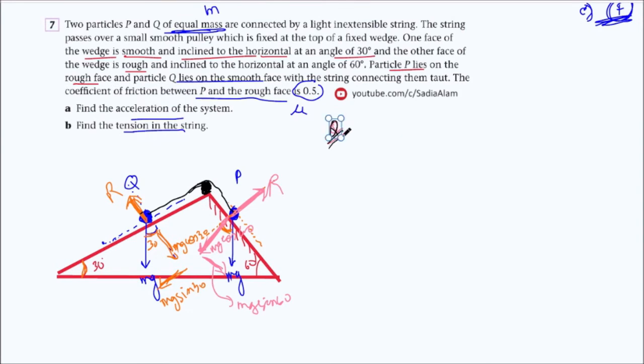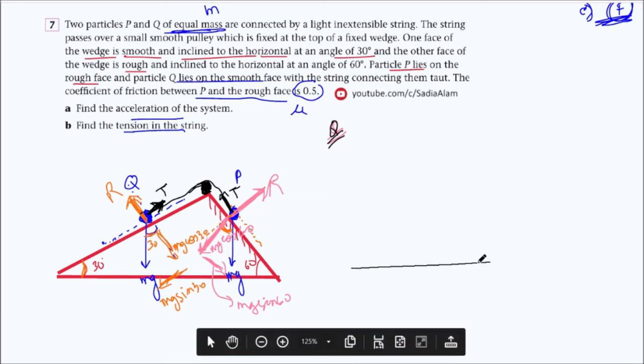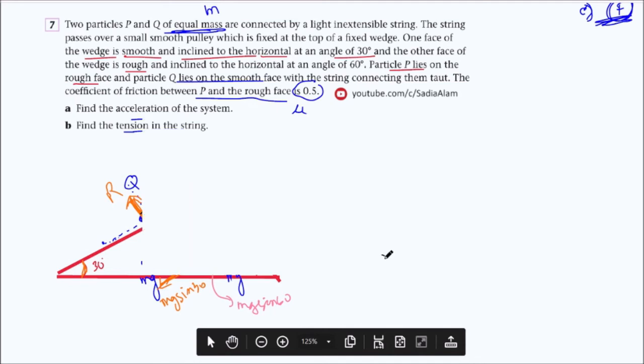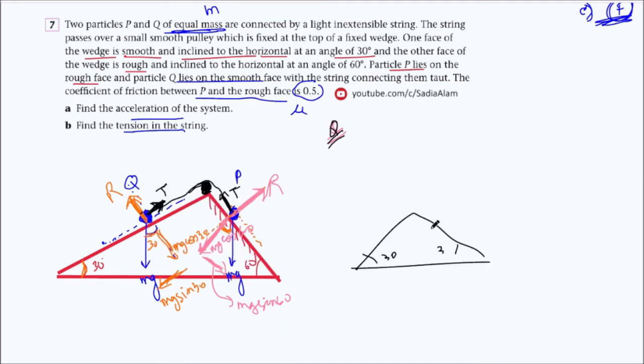Okay, so for Q we have to use this equation F equals ma. We have tension, right? We have tension here for Q, and for P it's in this direction. Okay, so we do not even know in which direction they are moving. Since they are of the same mass, and if it's 30-30, in that case there should be a confusion, or they might stay in equilibrium or something.